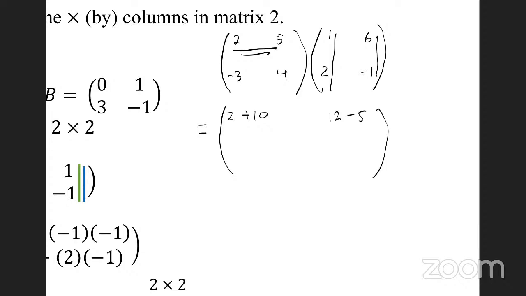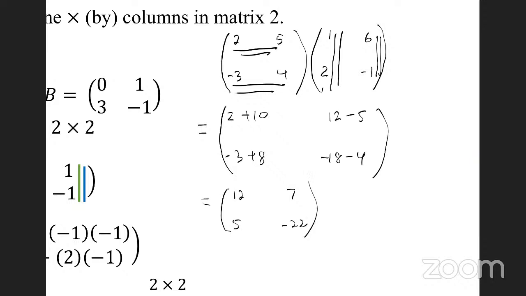Done with the first row. Next, minus 3 by 1, right? 4 by 2. Then this row, this column, minus 3 by 6, 4 by minus 1. So we ended up with 12, 7, 5, minus 22. You got that? Yeah?